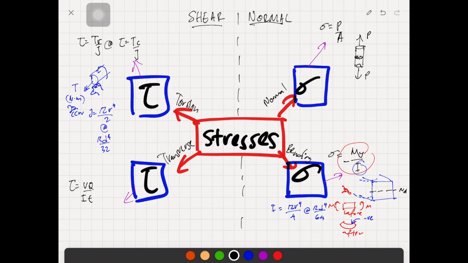We have V for shear force, Q is the first moment of area, and you have I borrowed from the previous concept of bending, and T is the thickness of the prismatic beam that we consider.